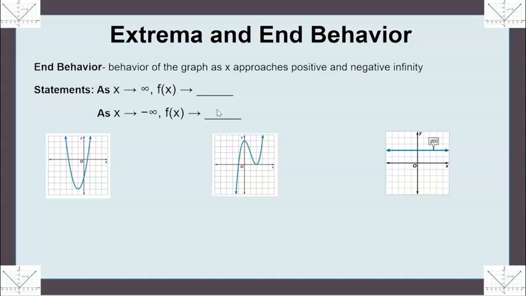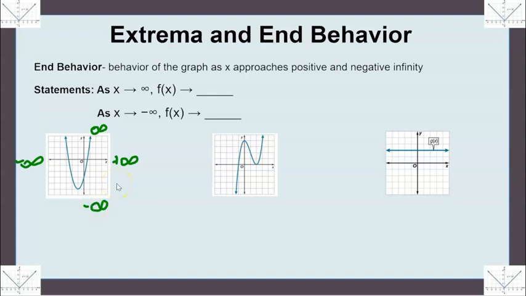One way to help you out is I'm going to put negative infinity here on my x-axis, and positive infinity over here. And then up here is positive infinity, down here is negative infinity.